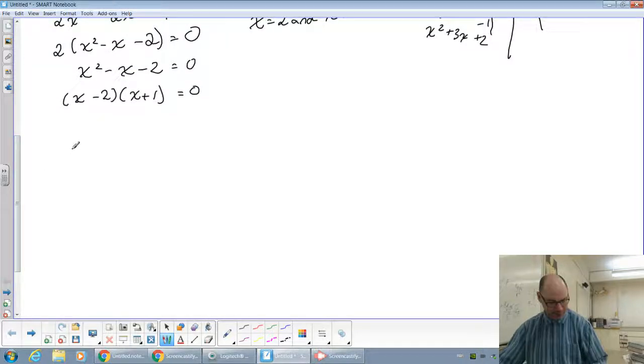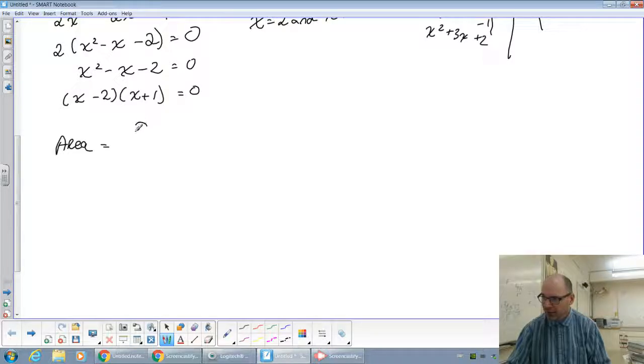Okay, so let's go ahead and do that right underneath here. Area equals, let me get my marker back here. We've got to go from 2 on top down to negative 1. So 2 is the rightmost point. Those were our 2 intersection points. The first one was negative x squared plus 5x plus 6.